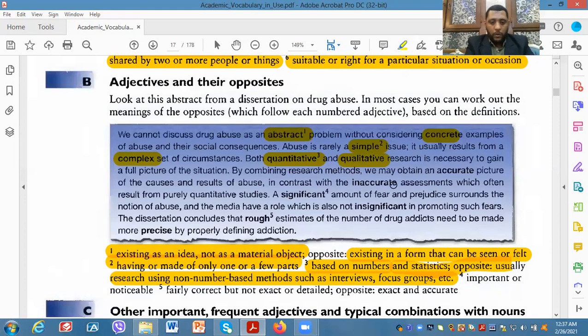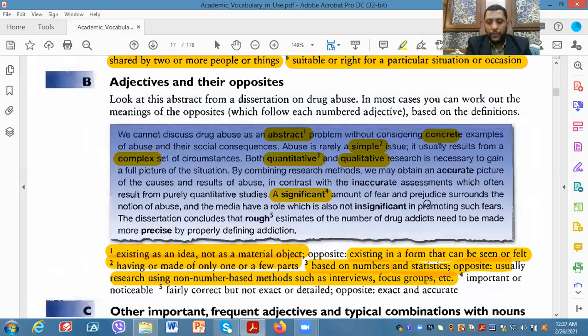Okay, so both quantitative and qualitative research is necessary to gain a full picture of the situation. By combining research methods, we may obtain an accurate picture of the causes and results of abuse, in contrast with inaccurate assessments, which often result from purely quantitative studies. Okay, a significant amount of fear. Significant is an adjective, and we should track this number so that we know the meaning of it.